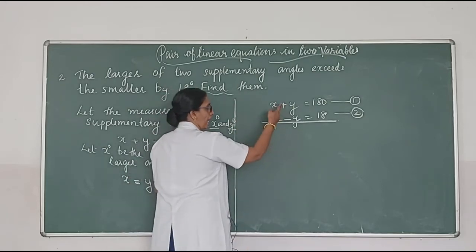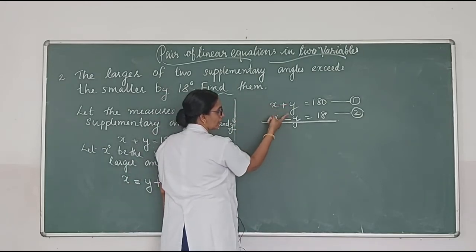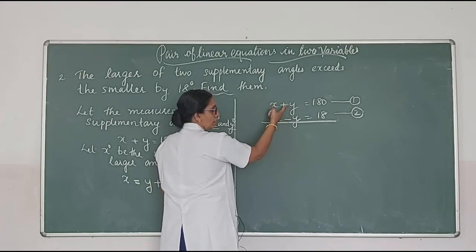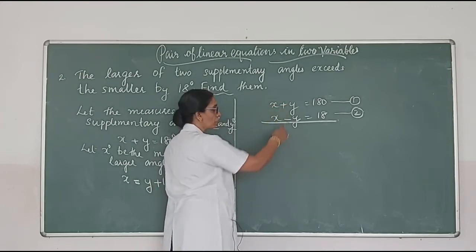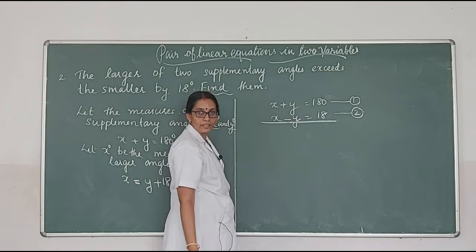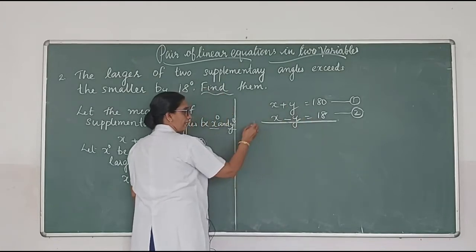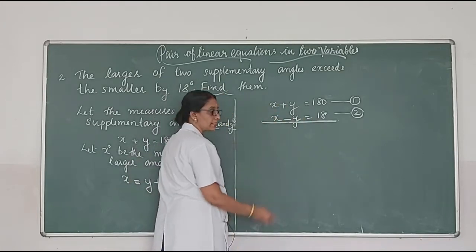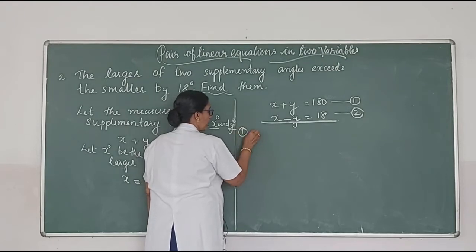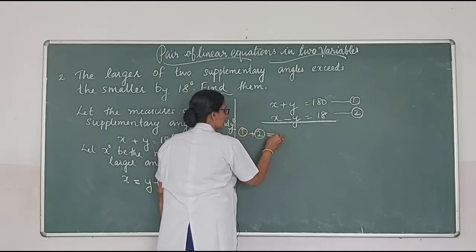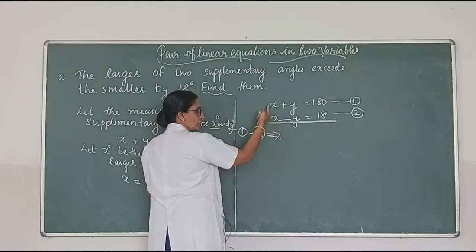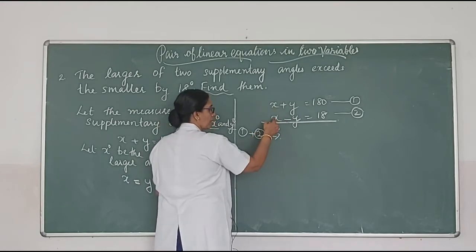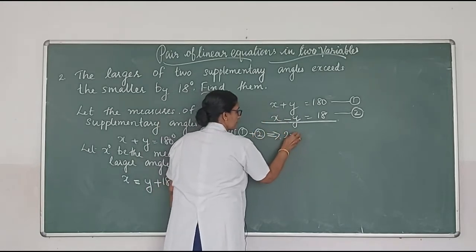Here I am adding, because we have the y term with the same coefficient but different sign. So, just by adding we can eliminate one term. Equation 1 plus equation 2 gives, since we are adding, no need of changing sign, x plus x, 2x.